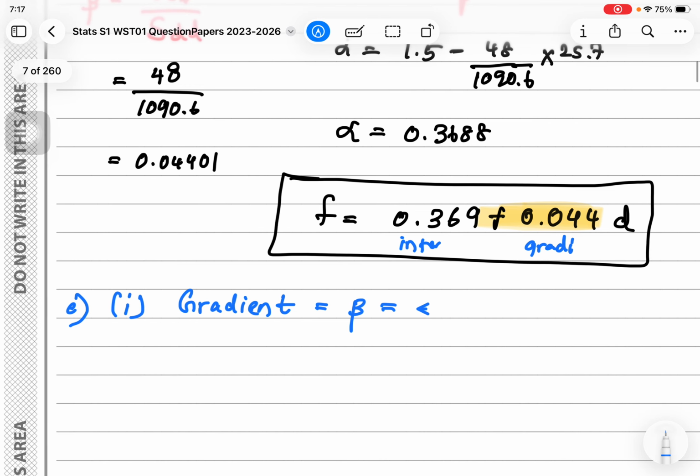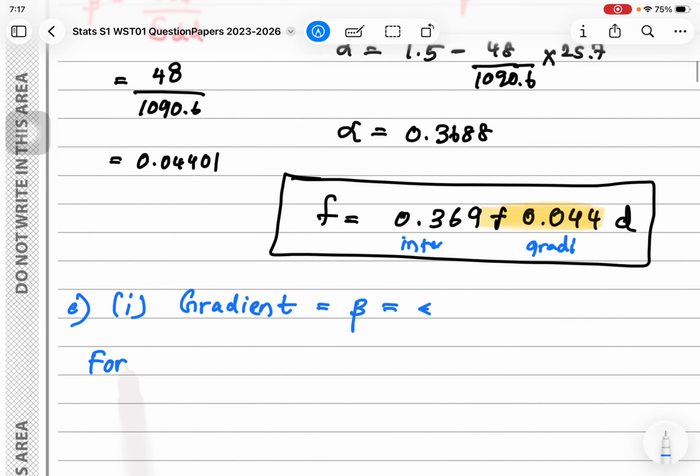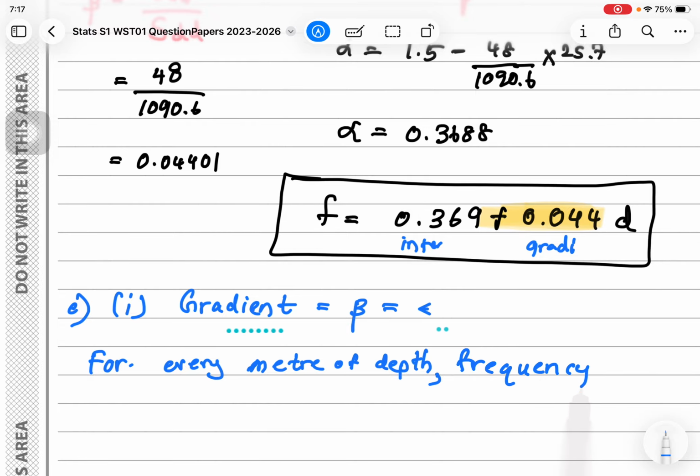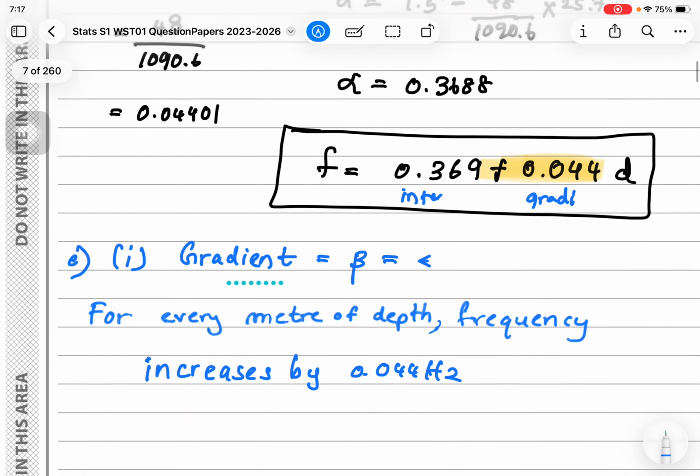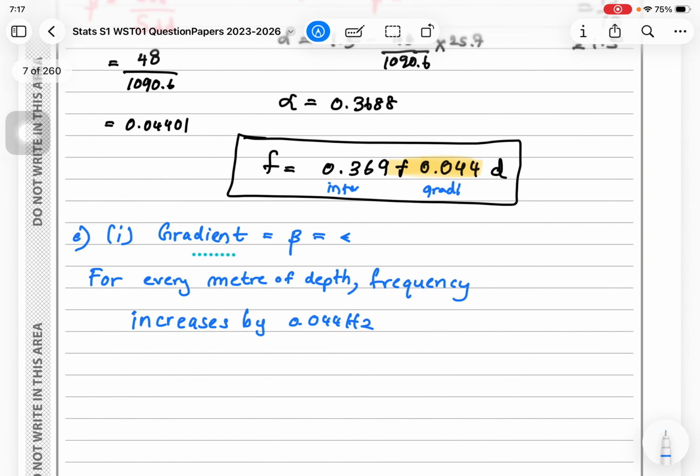So we can say, for every extra meter of depth, the frequency increases by 0.044 hertz. This is what we can say.